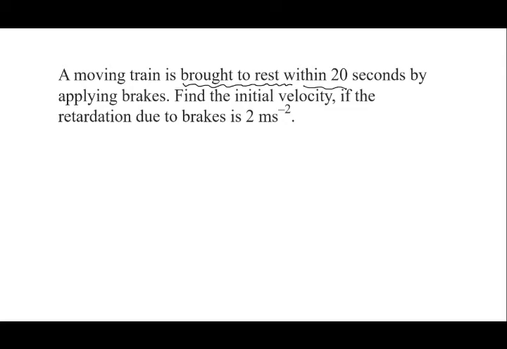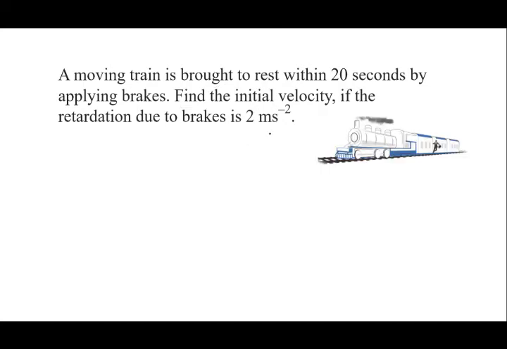When you are reading, recall what things are given, what all the information is in this situation, and what is asked. Find the initial velocity if the retardation due to brakes is 2 meter per second square. So understand it very carefully.